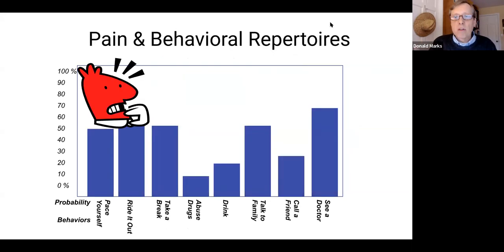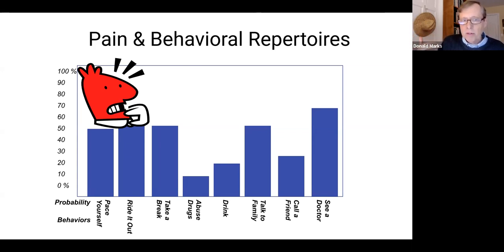So then I have a couple of other slides which I use similarly around pain. So imagine I'm in pain, what are all the kinds of things that I might do, and what are the possible probabilities of doing those things? Well, here you see some possible suggestions of things I might do. I'm in pain, I have chronic pain, let's say, so I could do some of the things that Maureen was talking about in the CBT approach.